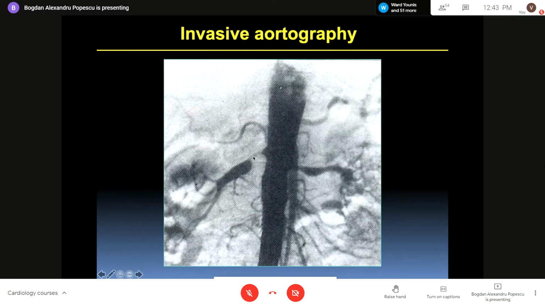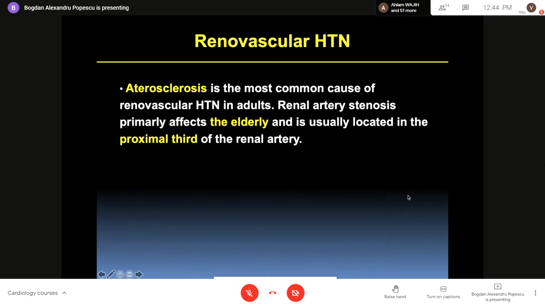So it is almost interrupted. So this is a very significant narrowing to the artery that brings blood to the right kidney. And this is the left artery, which also has a proximal stenosis here. Maybe not so severe as the right, but still looks significant. So in this case, this patient has bilateral renal artery stenosis.